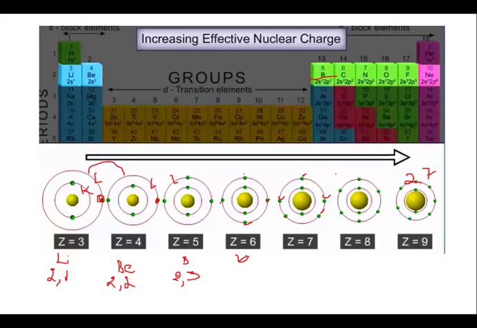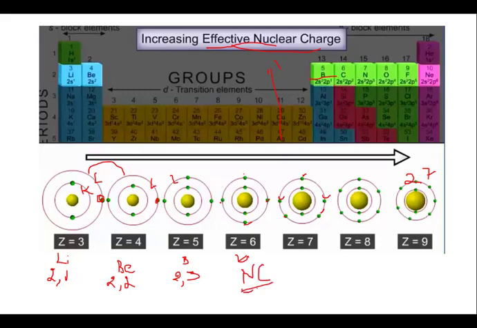So due to entry of electrons within the same shell, nuclear charge, or we call it effective nuclear charge, this effective nuclear charge increases. What is the difference between nuclear charge and effective nuclear charge?